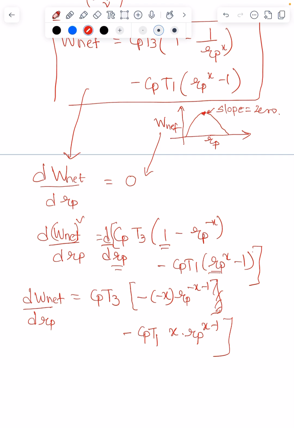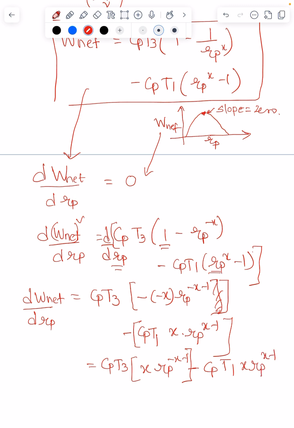If I solve this further, I get Cp T3, this minus minus becomes plus, x Rp raised to minus x minus 1, and this is minus Cp T1 x Rp raised to x minus 1.